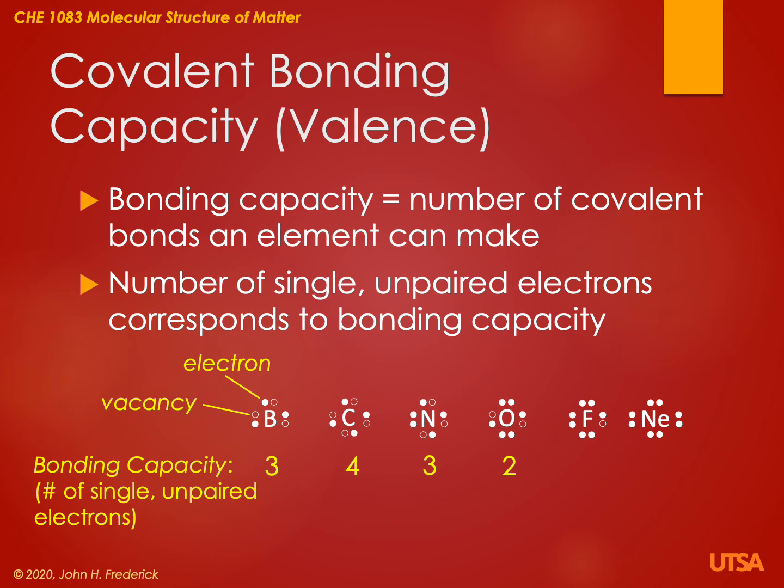Oxygen, similar to nitrogen, has pairs of electrons that can't form bonds, but has 2 unpaired electrons that can, so it has a bonding capacity of 2. Fluorine, as we've already seen, can make 1 bond, and then it has a filled valence shell. And neon has no vacancies at all and no unpaired electrons, so its bonding capacity is 0.